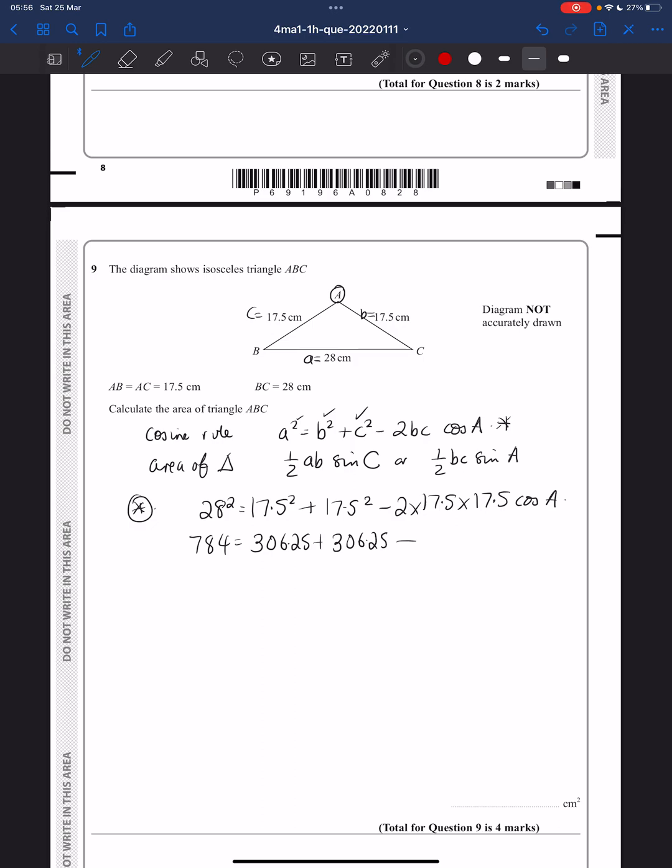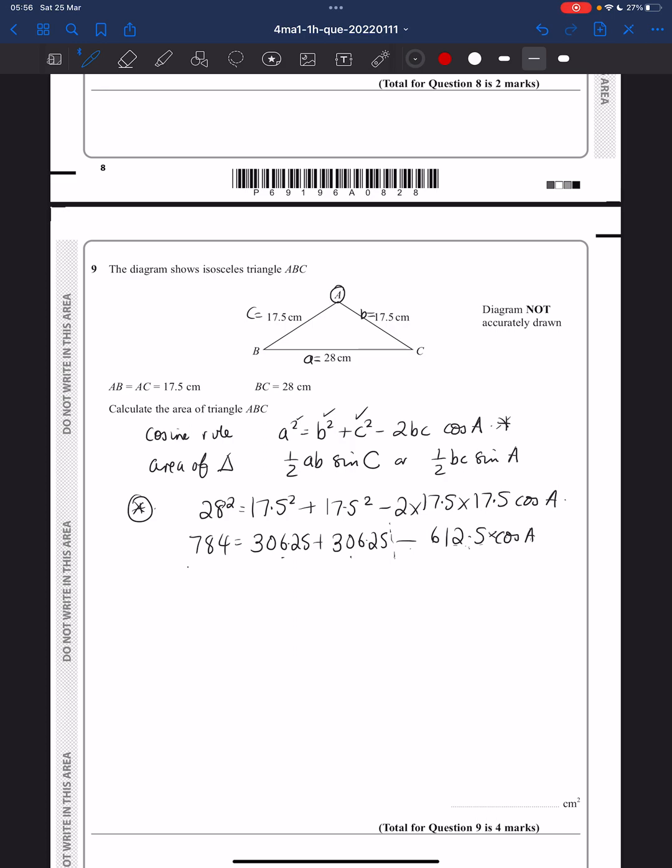And then 2 times 17.5 squared, 612.5 cosine of A. Okay, so what some people do is they'll do this plus this, take away 612.5. Don't. They go together, and that has got to be multiplied by cos A, so don't fall into that trap.